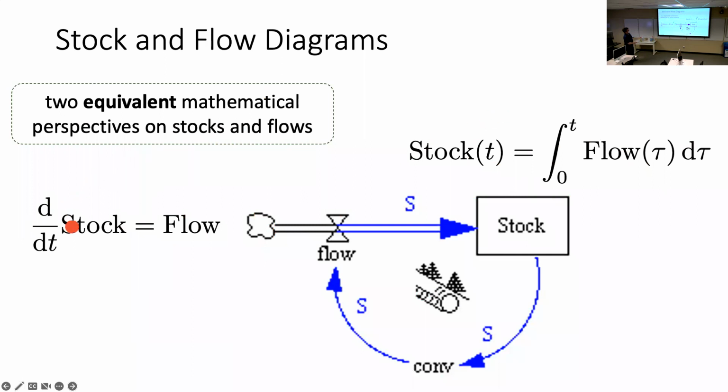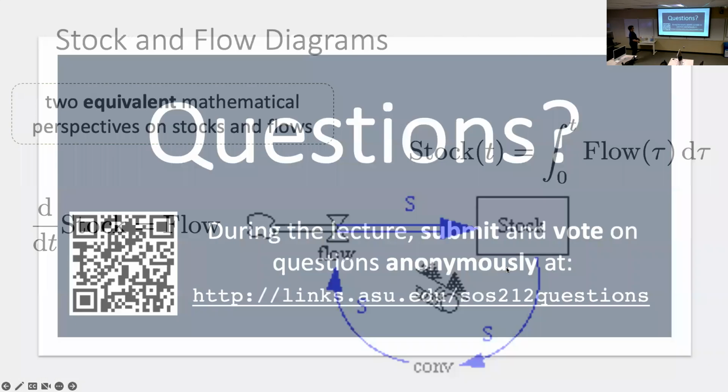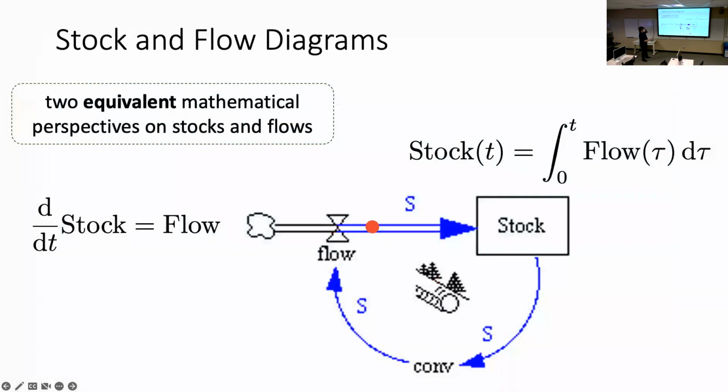But regardless of what mathematical perspective you take, this is the graphical way we depict those things, as kind of valves that affect flow rates into buckets. That's effectively what's going on here. And all of those things can be simulated in the same way using this methodical perspective that we show on the spreadsheet. And that's what Vensim and Insight Maker will do behind the scenes for you.